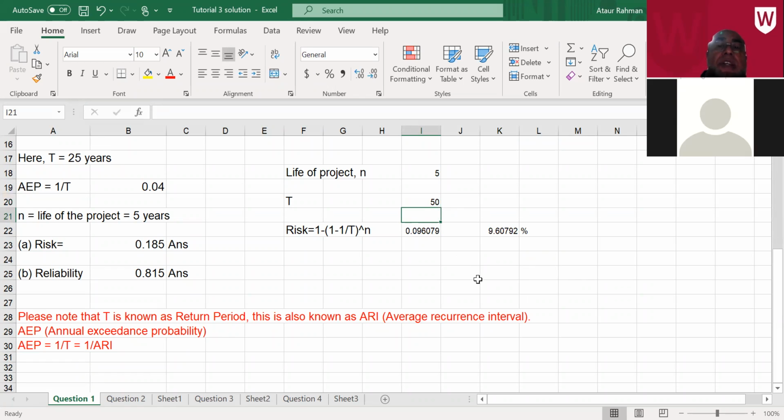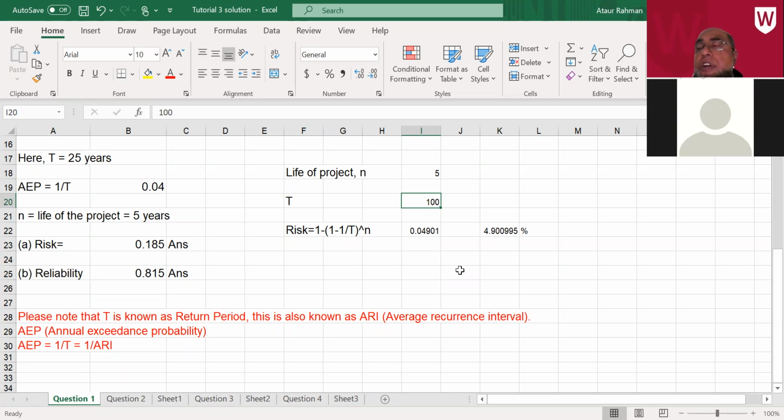then you will see that our risk becomes 9%, so there is about 10% risk. If you consider the 100-year flow, then your risk will be 4.9%, for example. So you see your risk is not decreasing that much from 50 year to 100 year.